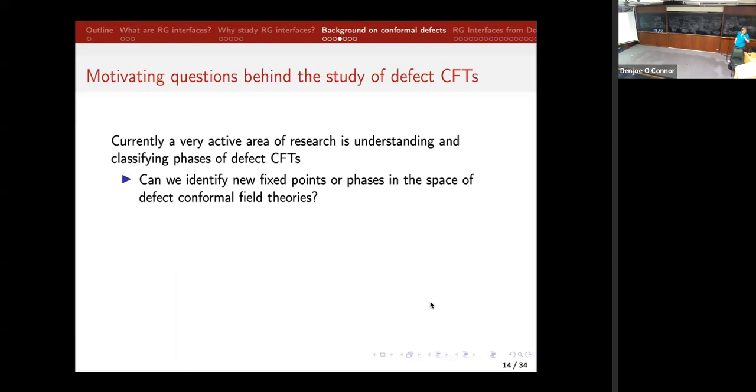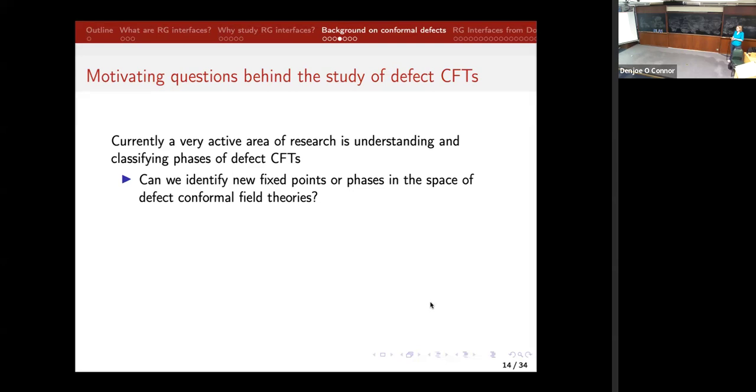Currently a very active area of research is in understanding and classifying the phases of defect CFTs. So if you have a standard CFT and you add a boundary, so you make it end in a conformally invariant way with conformally invariant boundary conditions, you have a DCFT.